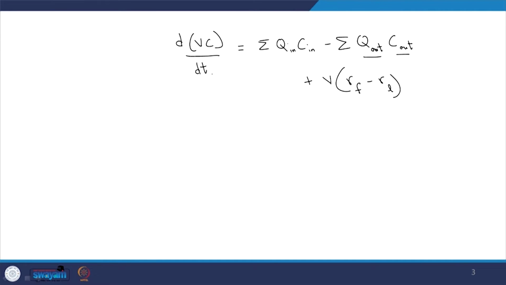First, this term: typically the volume of your reactor is constant. So, V does not change with time. So, V dC by dt is equal to all these terms.